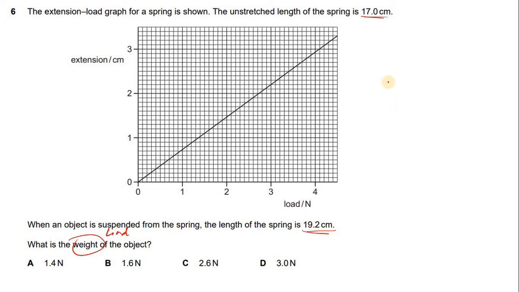So first we find the extension delta L. Delta L will be 19.2 minus 17, which is 2.2. Now clearly you can measure this 2.2 from the graph. This is 2, 2.1, 2.2, and the corresponding load here is 3. So the load is 3 Newton, which is equal to the weight of the object. So option is D.